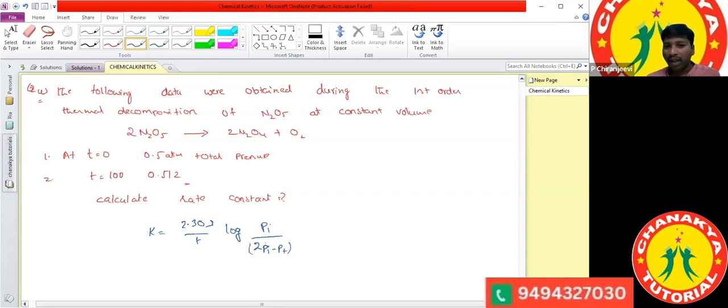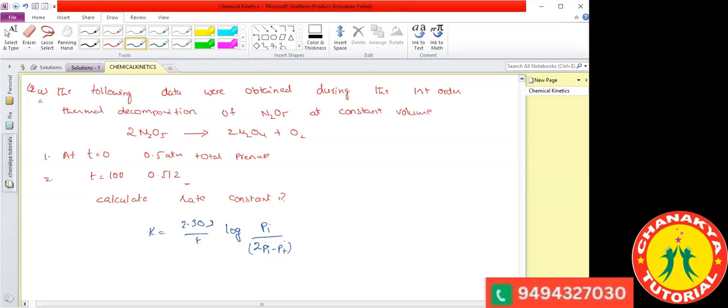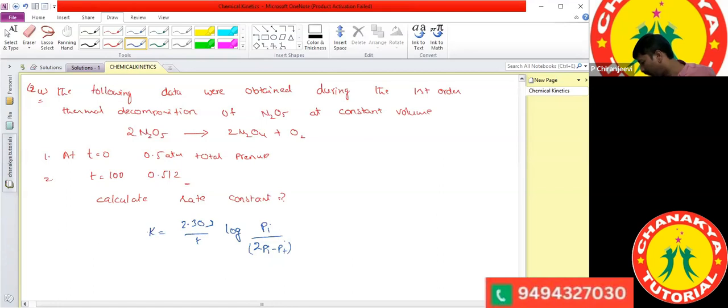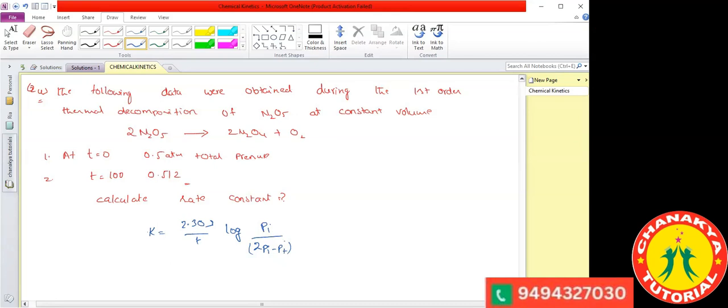Okay, and we have to know the final pressure now. At a time t, we have to know the final pressure. How can we calculate the final pressure? Isn't the 2Pi minus Pt the final pressure, sir?